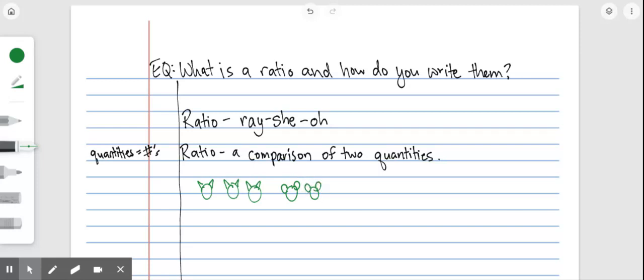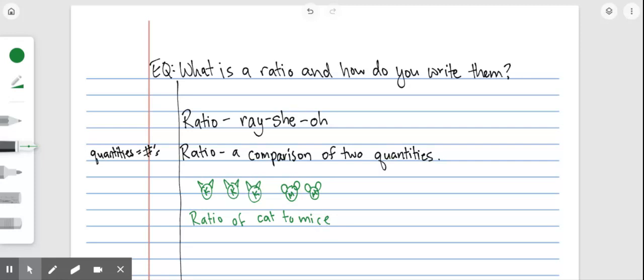So I've got kitty, kitty, kitty, and a mousy, and a mousy. All right, so when I'm writing a ratio, I can write the ratio of cats to mouses. Cats to mice, not mouses, Miss Miller.